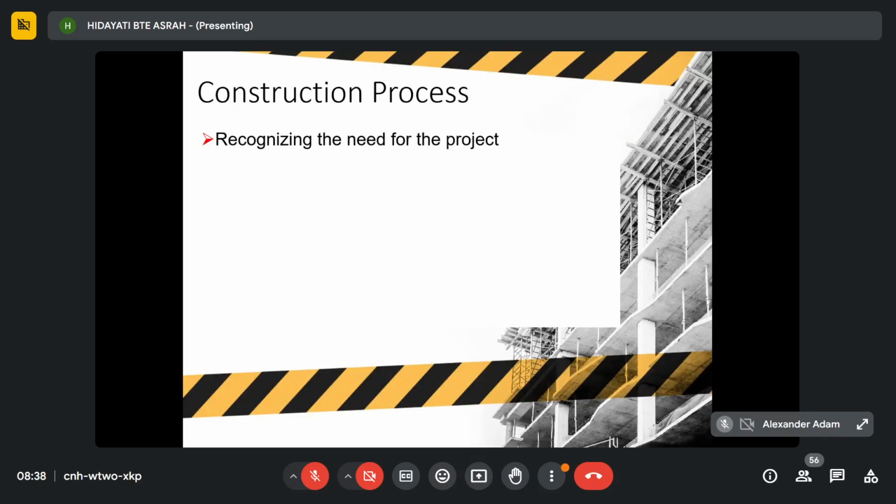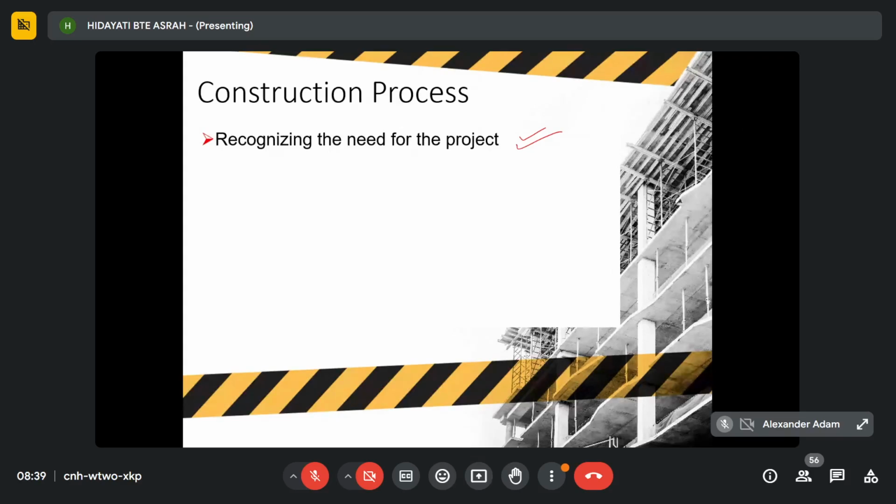Okay, so in the beginning of the construction process, you need to recognize and identify the need for the project. You must be able to determine and understand the project needs in order to come out with the right project tasks and activities in the project plan.